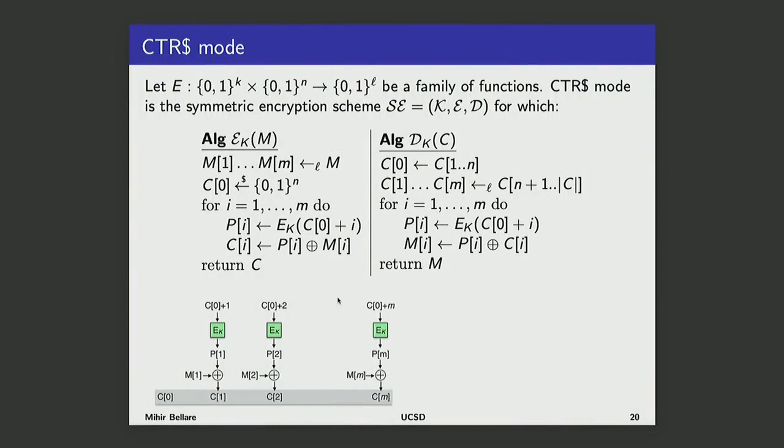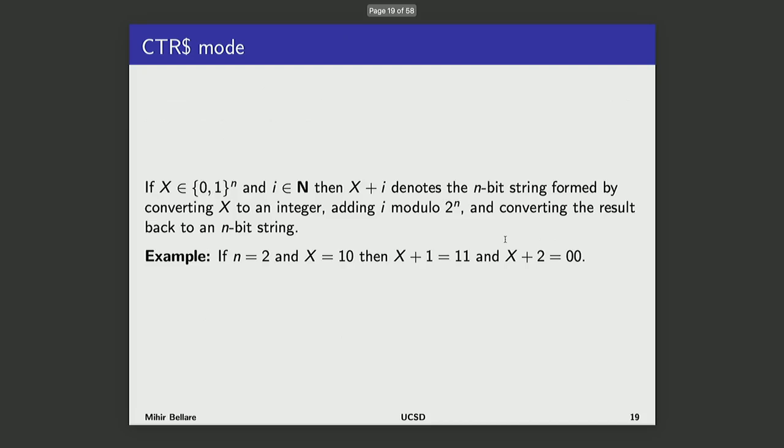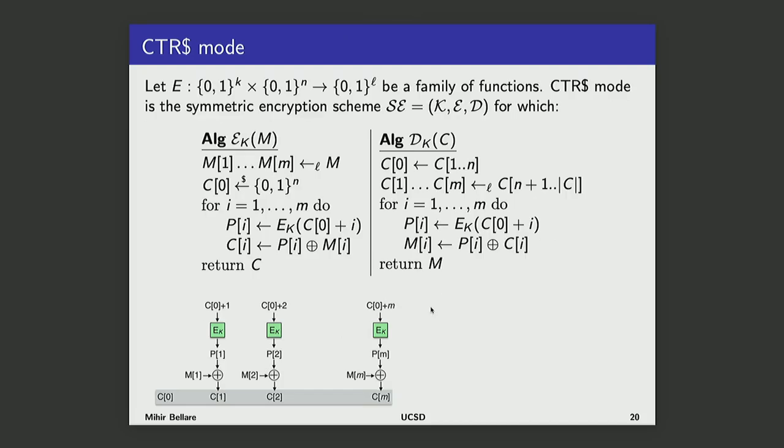So in this particular case, I don't need it to be a block cipher. How is that visible here? You notice that in CBC, we had EK inverse to decrypt, but here, there's no EK inverse used anywhere. So EK across all the blocks are going to be different calls of the squiggly EK?